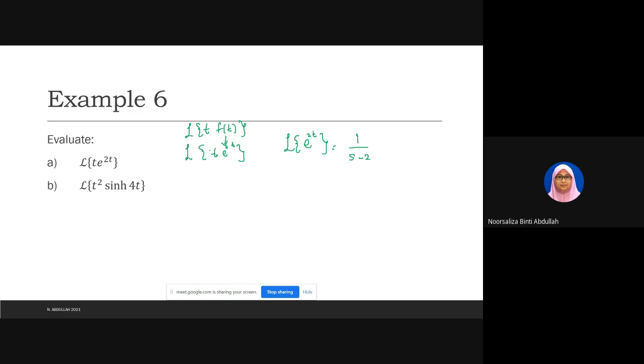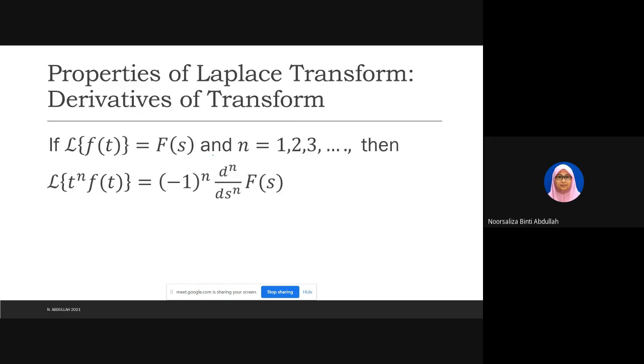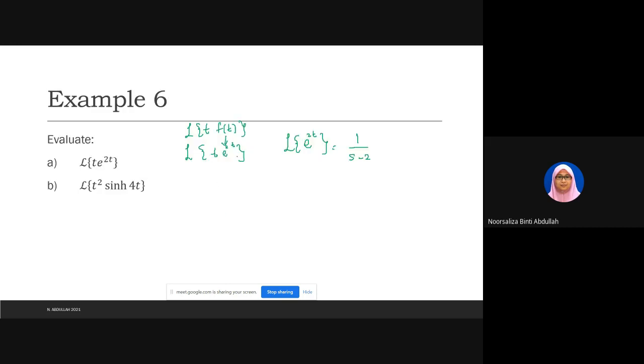Next, we have a t here. If you look at t, then minus 1, d over ds F(s). Then the Laplace of t e^(2t) will be minus 1, d over ds of 1 over s minus 2.